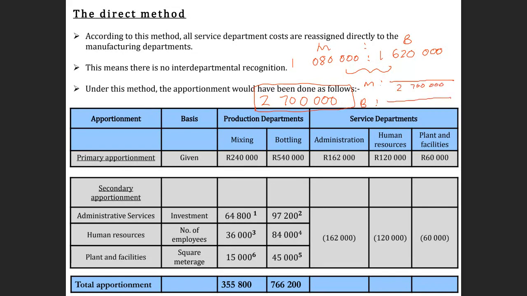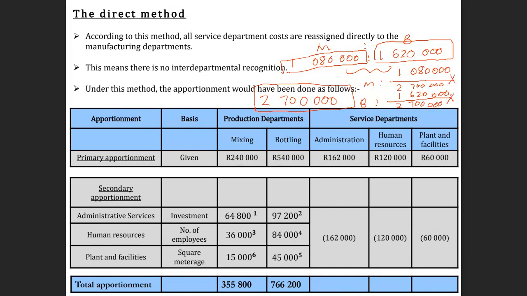For bottling, also the 2.7 million as your denominator. Your numerator is the figure that you had written out here. So it's 1,080,000. And here for B, it is the 1,620,000.